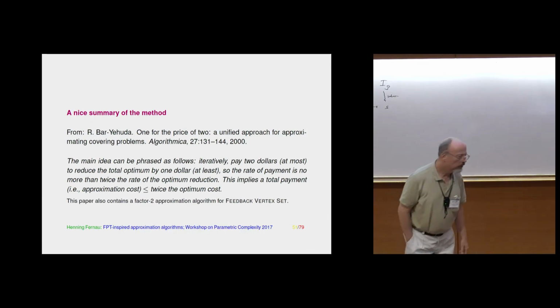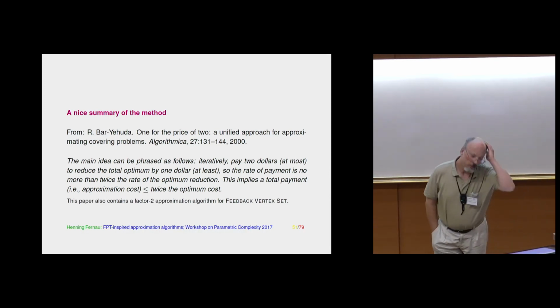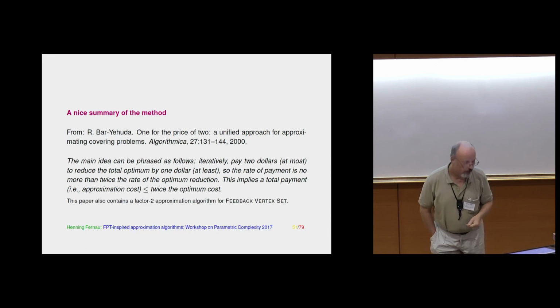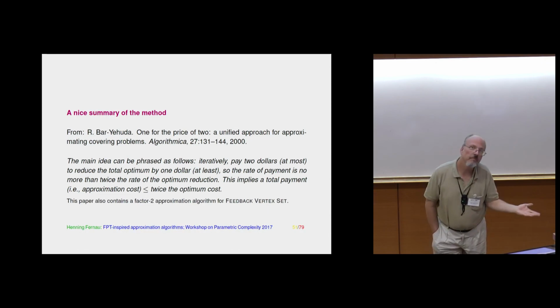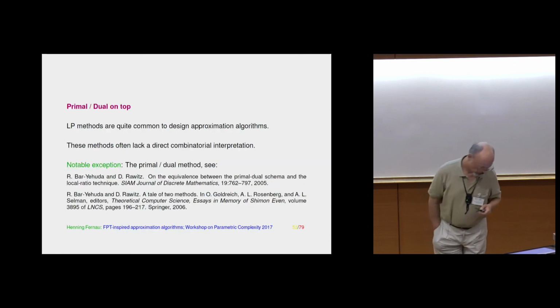So, for instance, feedback vertex set. Well, there's quite some story behind, some improvement also of approximation factors until people got to the factor 2. But this can be done by a similar, simple algorithm with local ratio.